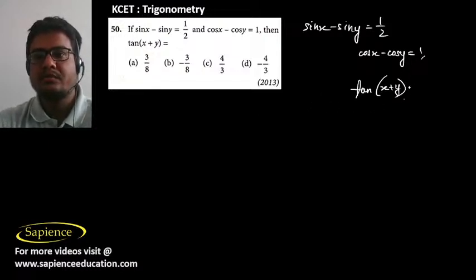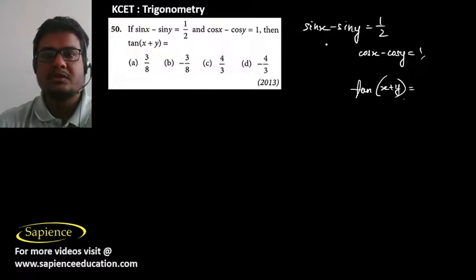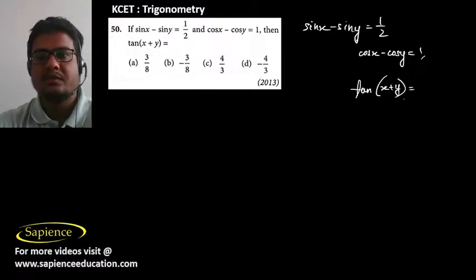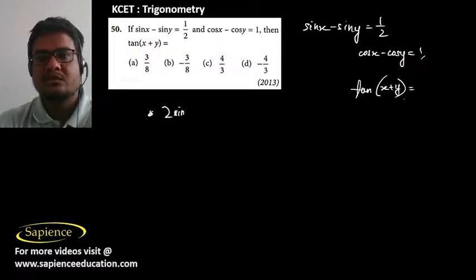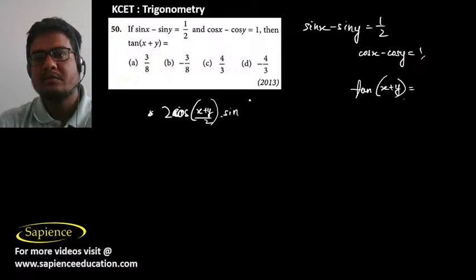So tan of x plus y will be equal to... from here, we know that sine C minus sine D is 2 cos of C plus D by 2 into sine of C minus D by 2. So it's 2 cos of x plus y by 2 into sine of x minus y by 2, that is equal to half.